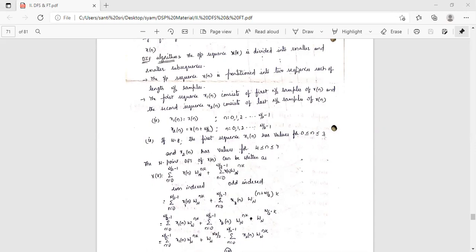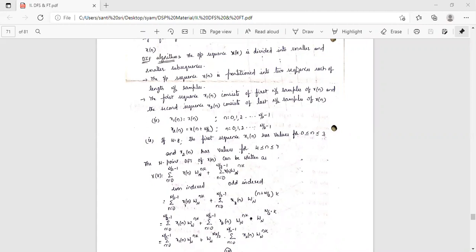Whereas coming to the DIF FFT algorithm, here the output sequence X of k is divided into smaller and smaller sequences. It means that it starts from higher components to lower components. Suppose an 8-point DFT is there, it will take the 8-point DFT as the input.